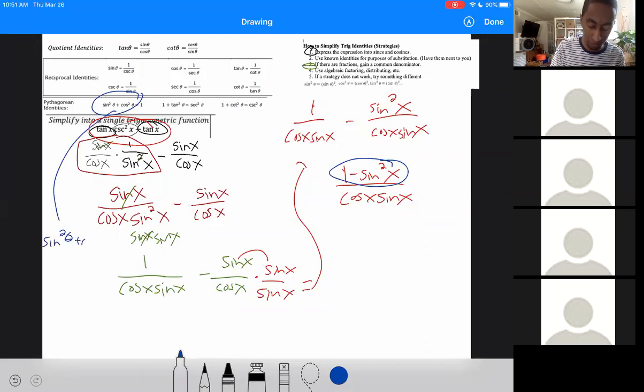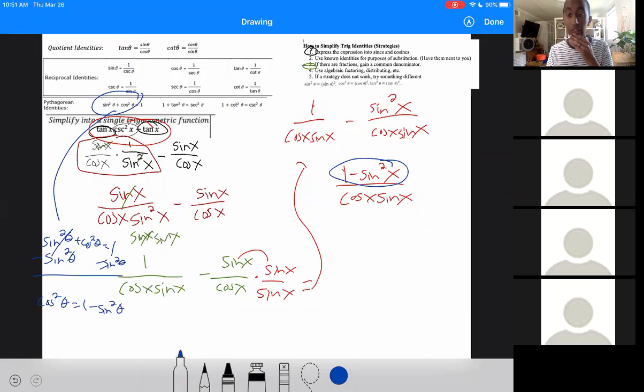If you take the first Pythagorean identity and then you subtract sine squared of the angle, isn't it that? Beautiful, yes. So we can change this to what then? Cosine squared of x? Very good.